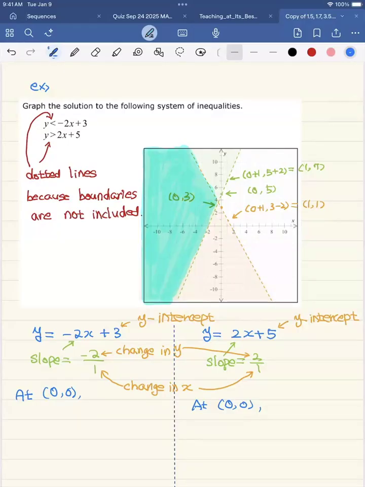Let's draw y equals negative 2x plus 3. In this equation, the y-intercept is 3. So I mark it 3 here, (0, 3), and the slope is negative 2. That can be written as negative 2 over 1. The y-intercept can be represented by the coordinate (0, 3).